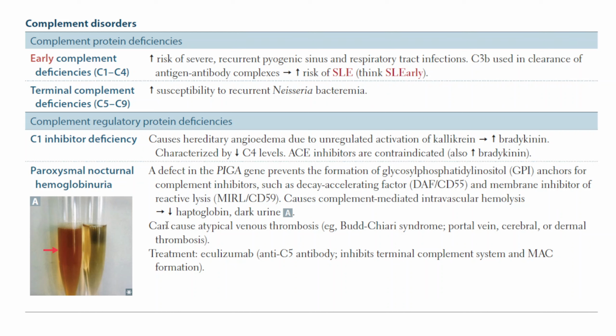We may have other atypical venous thrombosis like Budd-Chiari syndrome, portal vein thrombosis, cerebral thrombosis, and dermal thrombosis. The treatment for paroxysmal nocturnal hemoglobinuria is going to be eculizumab.